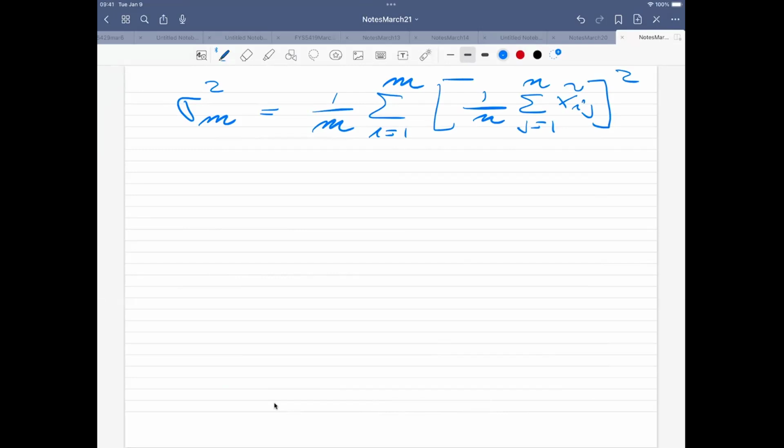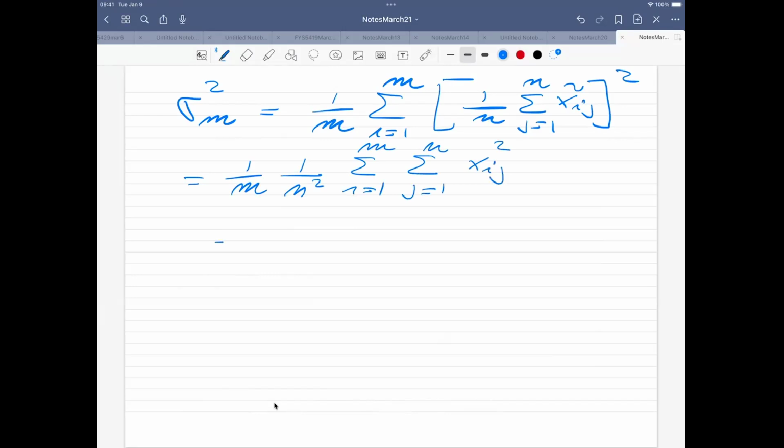Now, when you write this out, you are going to get cross terms, because you have to square two sums here. So you have to square a sum. Which means that we are going to get something which will contain a diagonal term. When you look at this sum here, there's going to be a 1 over n squared, and then I have a sum over i equal 1 up to m, and then I have the diagonal elements, j equal 1 up to n, and then I have my x_ij tilde squared.